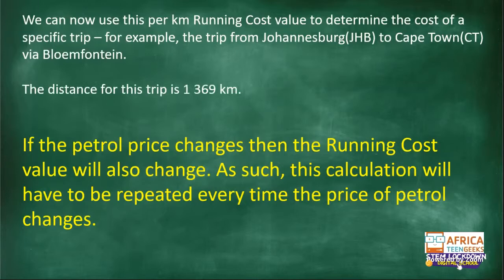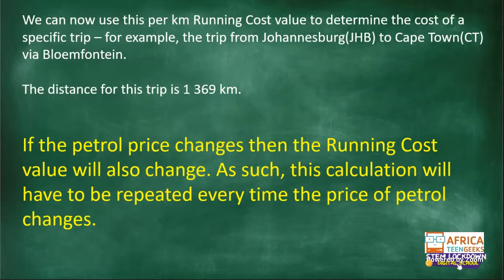And of course, the distance for this trip is 1,369 kilometers. That is the actual distance from Johannesburg to Cape Town.